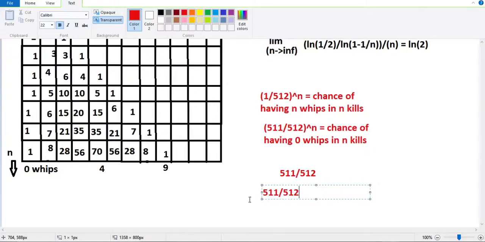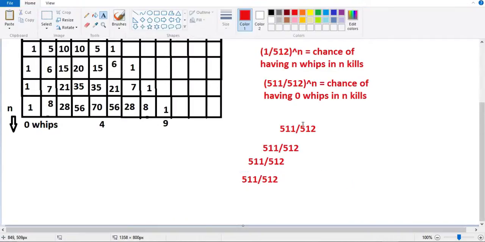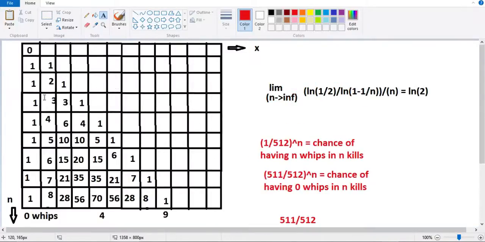Basically, you have to stay on this line, right? Every time you kill one, you have to keep landing on this one, and there's only one possibility. If you get a whip, you're no longer on this line. You no longer have 0 whips. There's only one way to stay on it every time. No matter how many kills, on this line x equals 1 or x equals 0 depending on the way you look at it, but this is x.